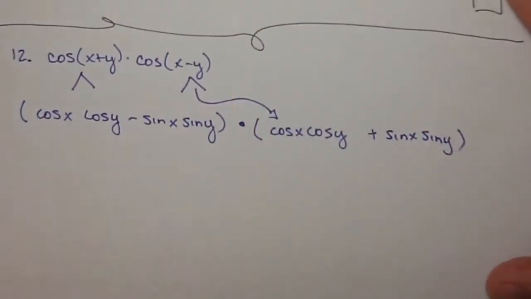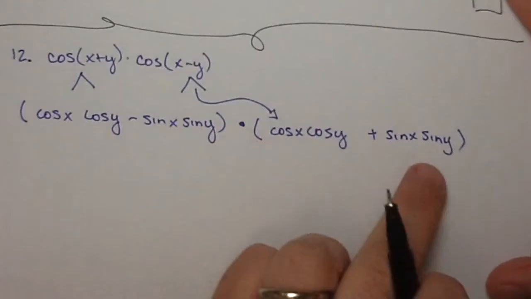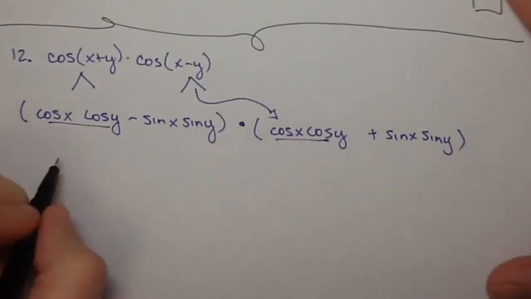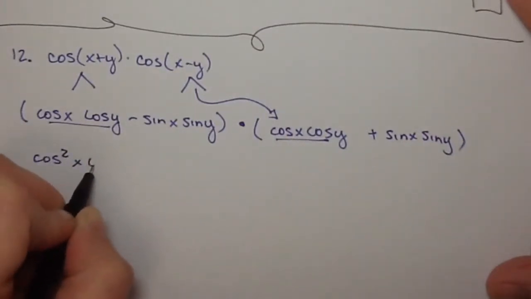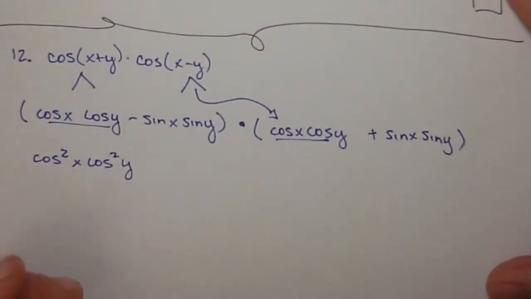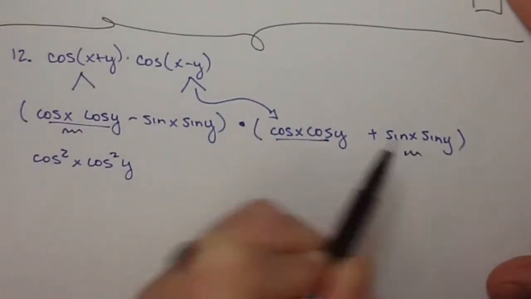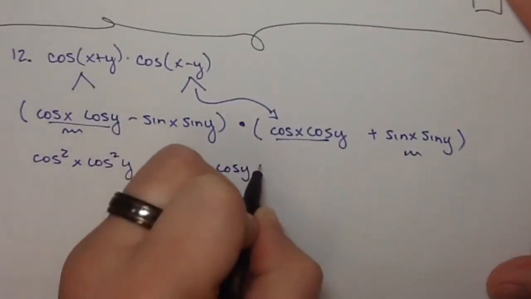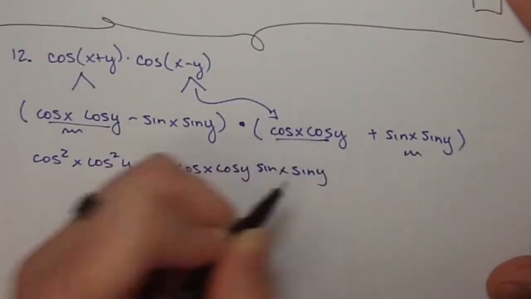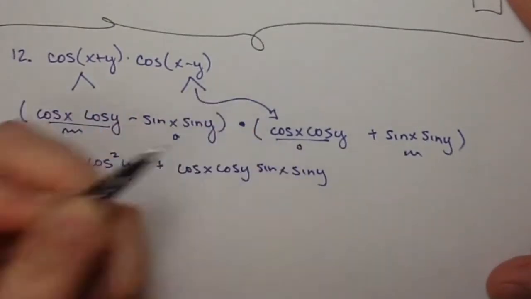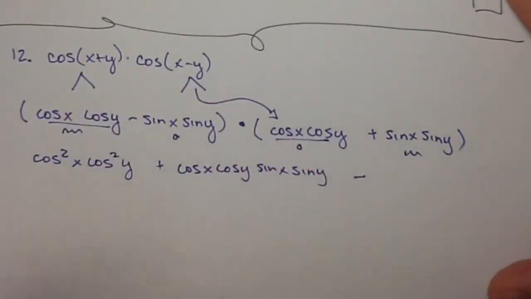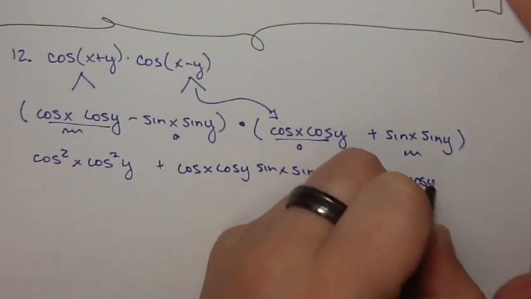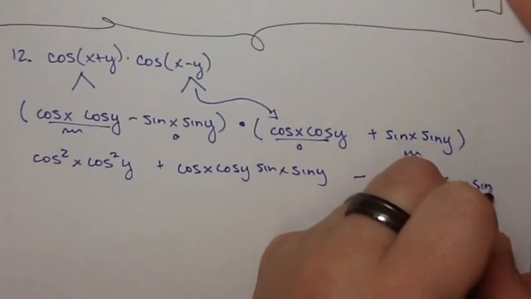This is a binomial. That's a binomial. So we're just going to FOIL it out, right? So first we've got cosine squared x cosine squared y. Outside we've got plus cos x cos y sine x sine y. Insides, we've got minus cos x cos y sine x sine y.